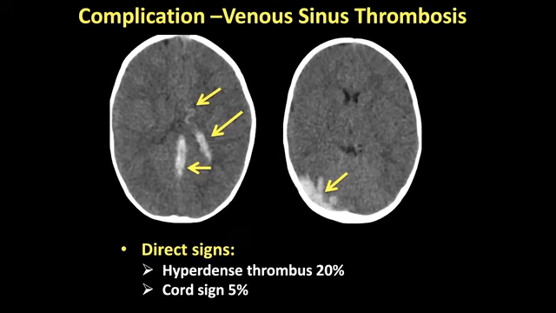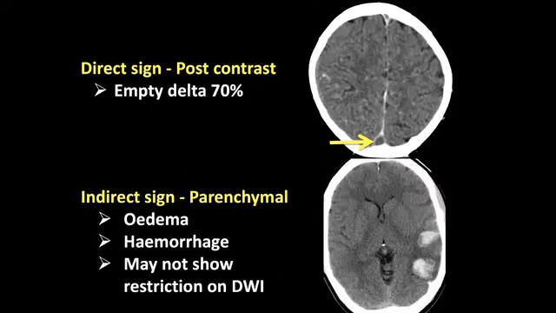We look for hyperdense thrombus, which we'll see in 20% of cases, and the cord sign, which may just be thrombus within one of the medullary or cortical veins, or one of the draining veins. Most common is what we see post-contrast, which is the empty delta: the thrombus sitting within the sagittal sinus or one of the transverse sinuses, with contrast outlining it, showing the thrombosis very nicely.